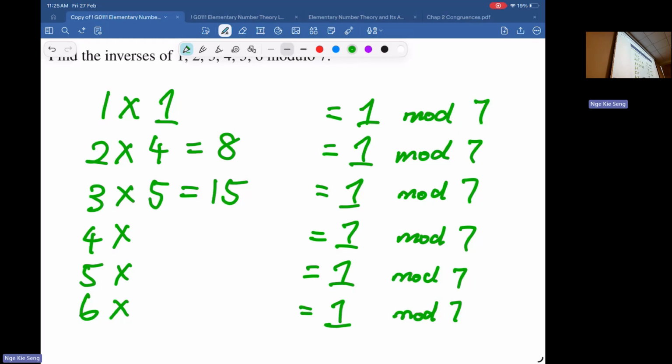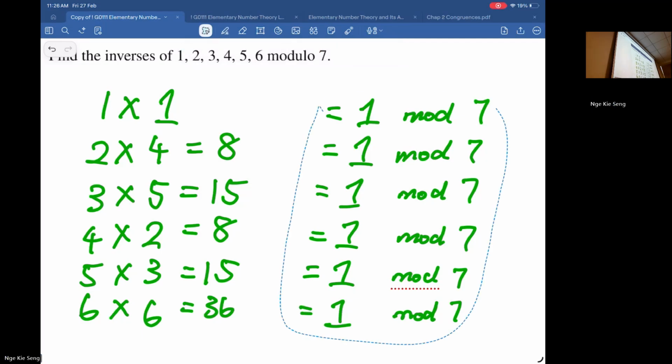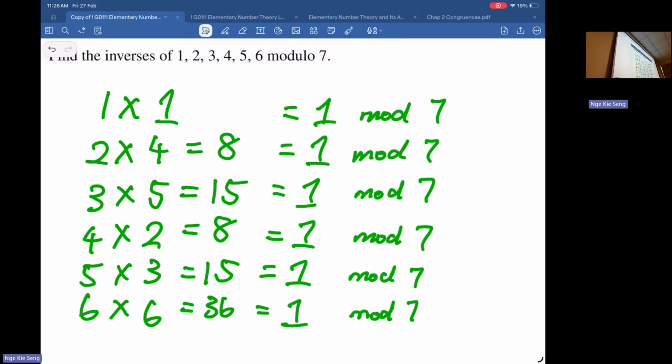How about 4? 2. Okay, 2 again, because 2 times 4 and 4 times 2 is the same. 5, I guess, is the same as well, so 3. How about 6? 6 is a bit special. It is the inverse of itself. Good. You can find an inverse for all these precisely because 7 is a prime.